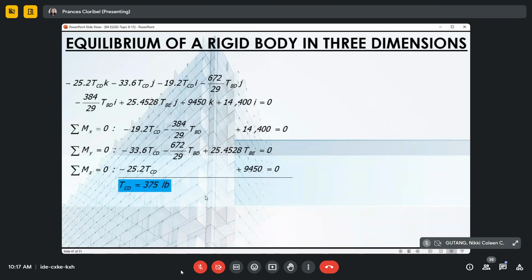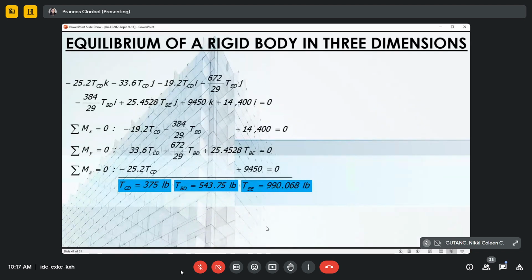In our midterm exam, I will allow the calculator, given that your equations are correct. Even a sign error would be equal to demerit points. So that gives tension CD, tension BD, and tension BE.